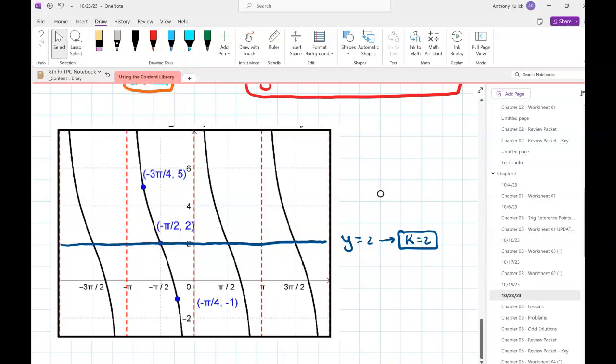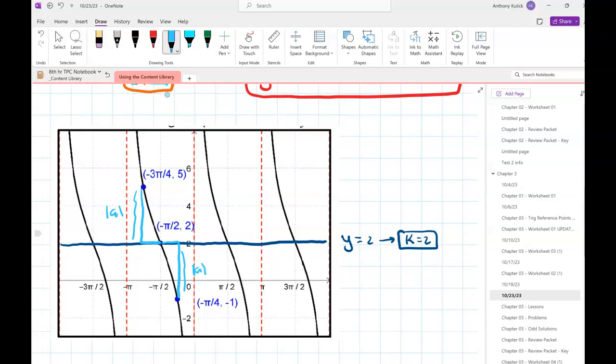Then we're going to look for the a value. So that's just going to be like the distance from that midline point to the next point, either to the left or to the right, it doesn't matter. If you notice, they're both going to be the same distance away. Right, if I went this way, that's still the same length.